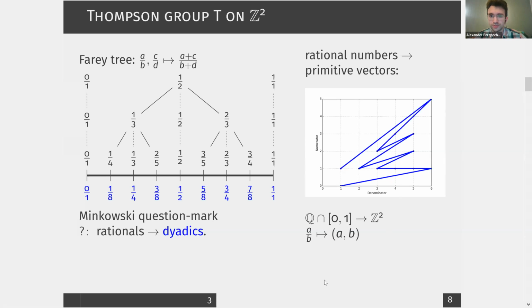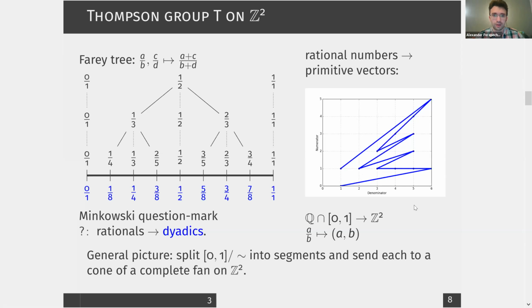Well, we could start with another cone. For example, we could start with the whole quadrant and apply the same procedure, just take sums of vectors, and obtain again all primitive vectors and a correspondence to the dyadic numbers. So in general, to obtain the whole Z2, we must cover it with several cones and use them in a fan. So the general picture is as follows.